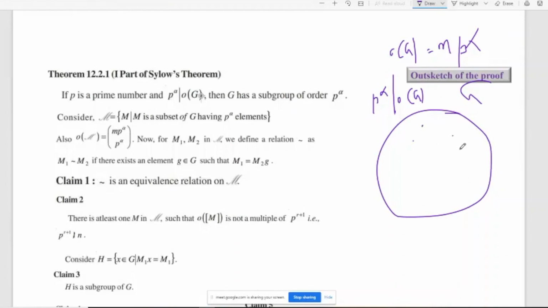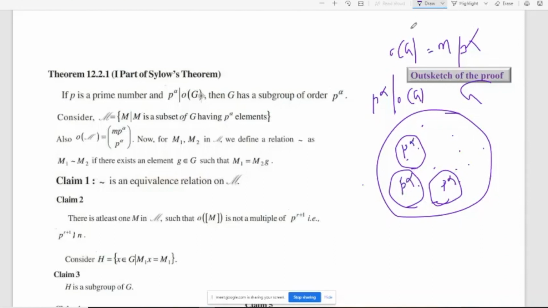So in this I have m p^α elements present in G, right? So we are going to consider those subsets, not even subgroups, just subsets which consist of only p^α elements. This one will have p^α elements, this one will have p^α elements, like that.